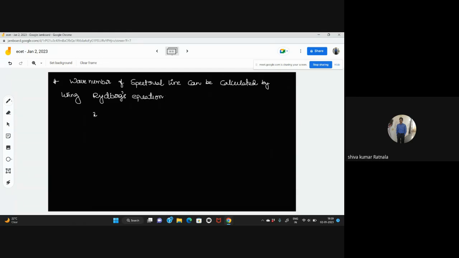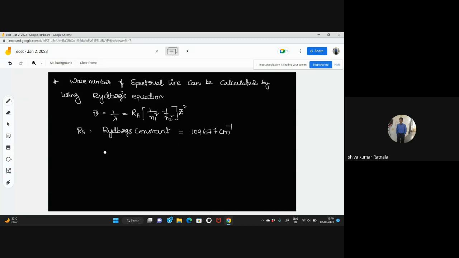That is, nu bar equals 1 by lambda equals R_H into (1 by n1 square minus 1 by n2 square) into Z square, where R_H is Rydberg's constant, and its value is 109,677 centimeter inverse. Okay?